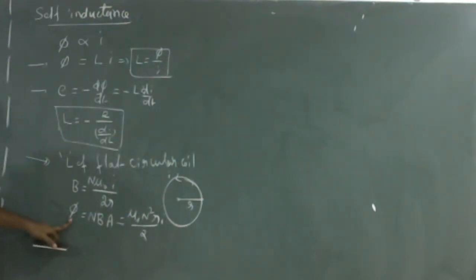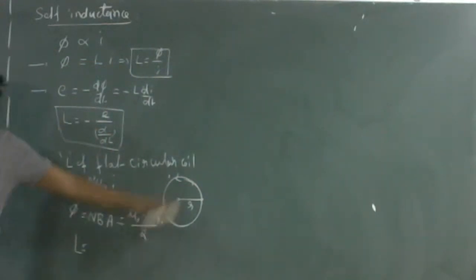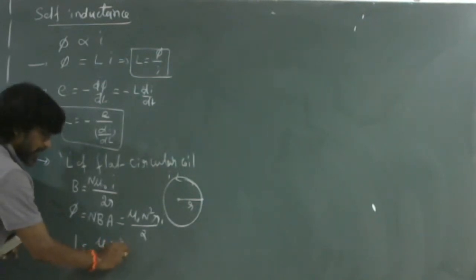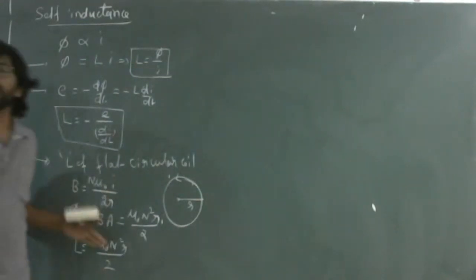By comparing this with phi is equal to Li, the self-inductance of this circular coil is L is equal to mu naught n square r by 2. So this is for a flat circular coil.